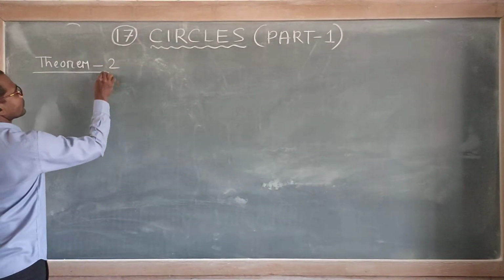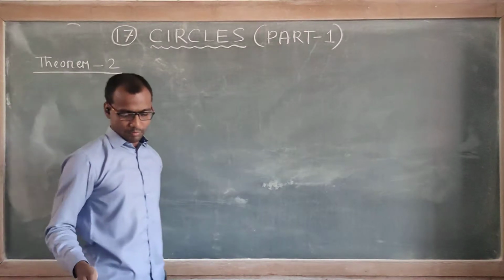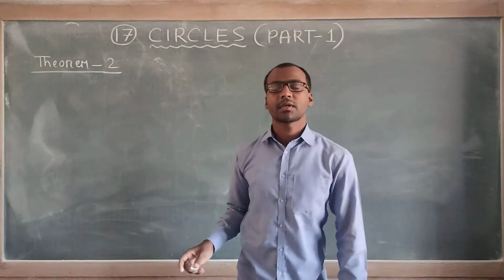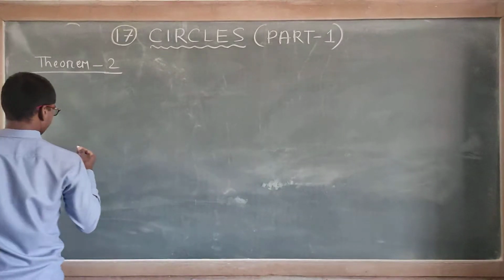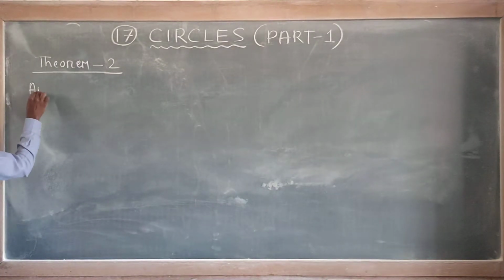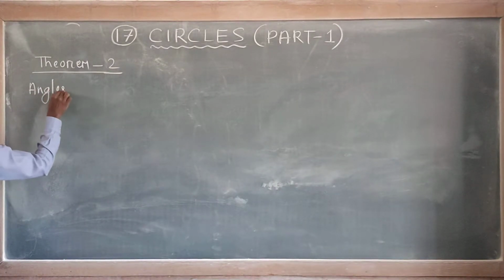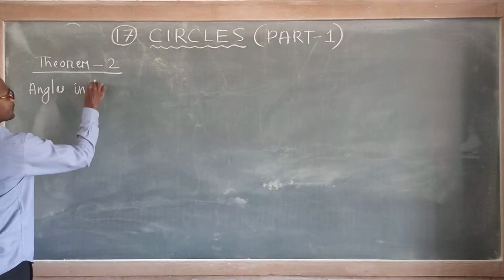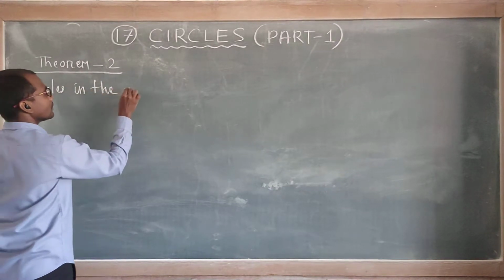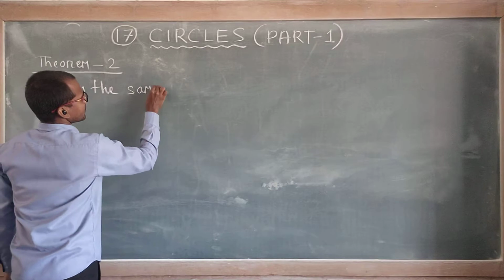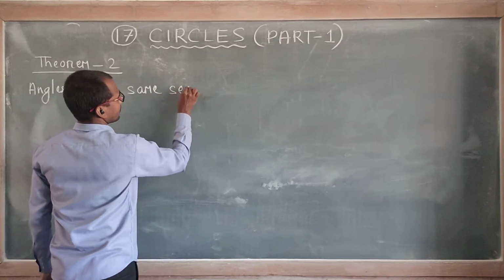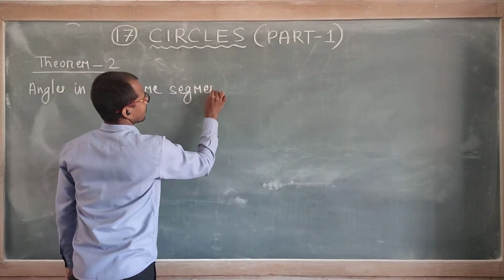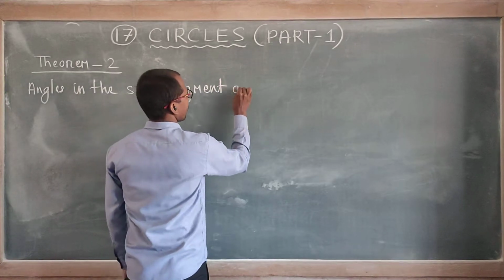Theorem number 2. Angles in the same segment of a circle are equal.